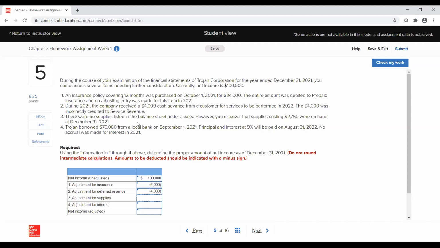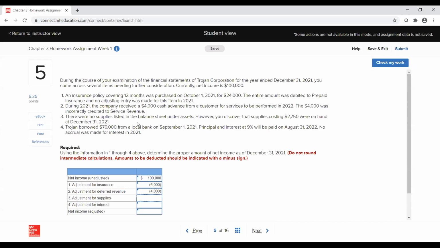Could it be when they purchased supplies, they debited supplies expense, credited cash? And they should have debited supplies and credited cash. And they should have switched it to supplies expense when they got used up.